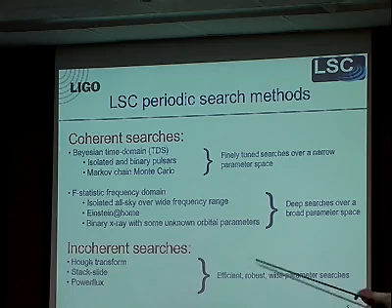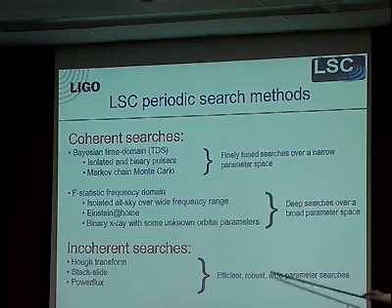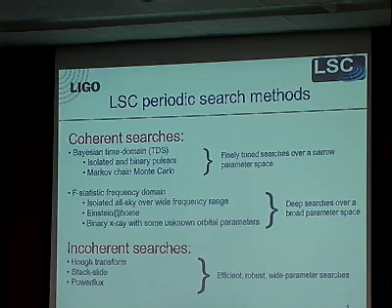This is also the same method that the Einstein at Home project is using. We're also using this method to look for signals from Sco X-1 now, but we'll be expanding this to other LMXBs in S4 data. These are good for deep searches over broad parameter space over a wide frequency range.